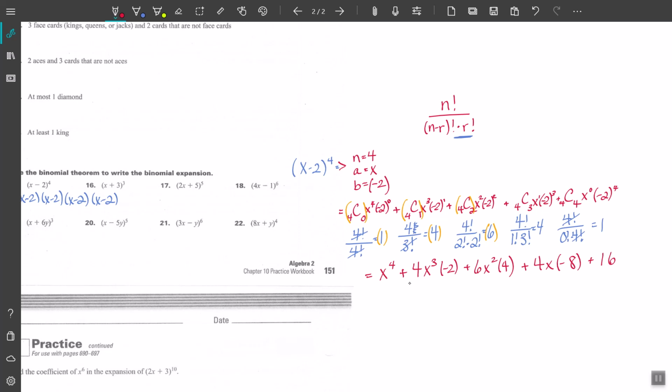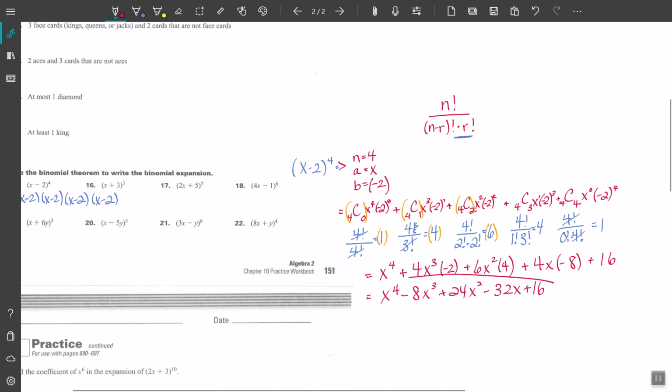All right, so my first term, my last term are as simplified as possible. Now I just need to go back through and do the multiplication that's left. So x to the 4th plus, actually let's just call that minus 8, so x to the fourth minus 4 times negative 2, x to the third, 6 and 4 make 24, x squared, negative 8 and that 4, negative 32x, and then plus 16.